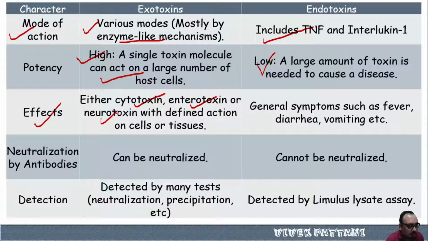Whereas in the case of endotoxins, general symptoms include fever, diarrhea, vomiting, etc. And exotoxins, as I told you, are specific. They may even affect the nervous system directly. Some may even kill a large number of cells in our body, depending on the type of toxin.